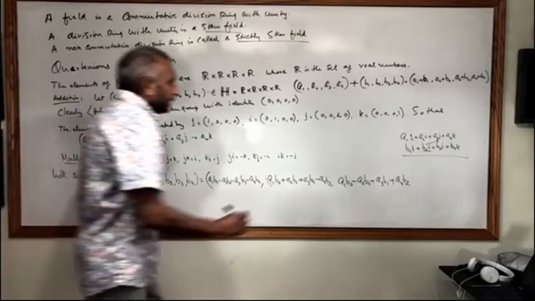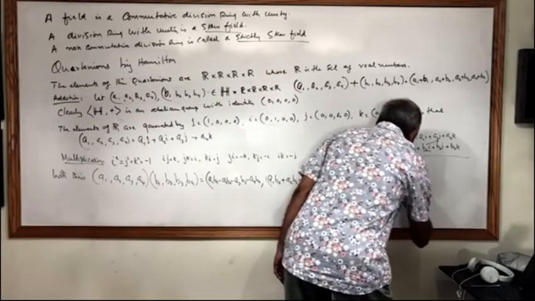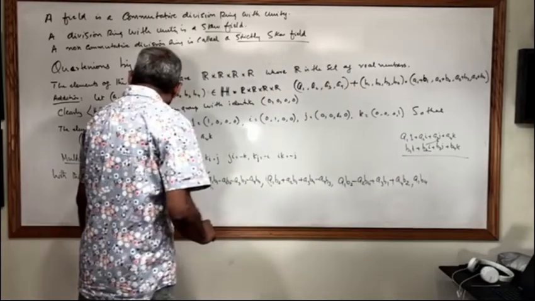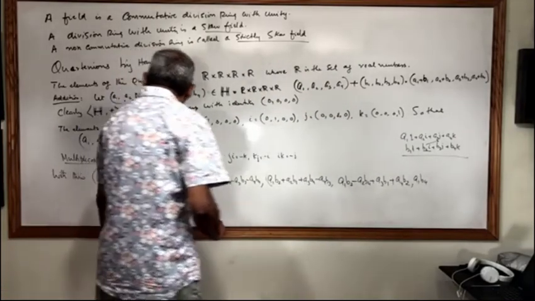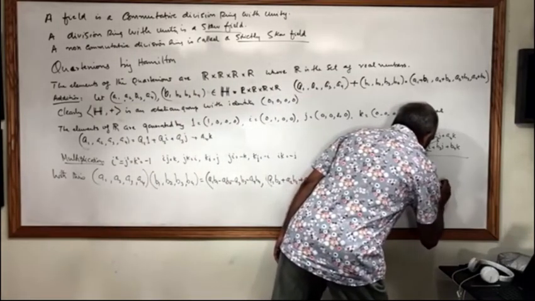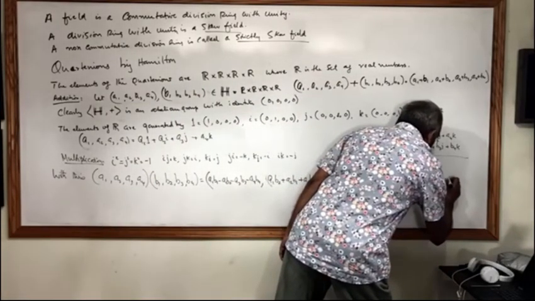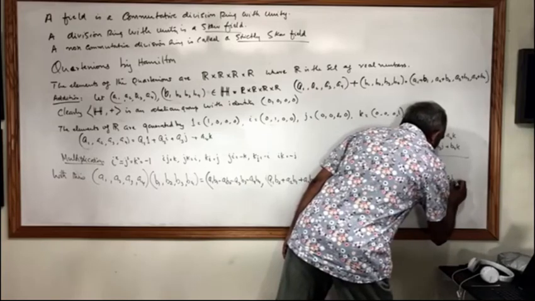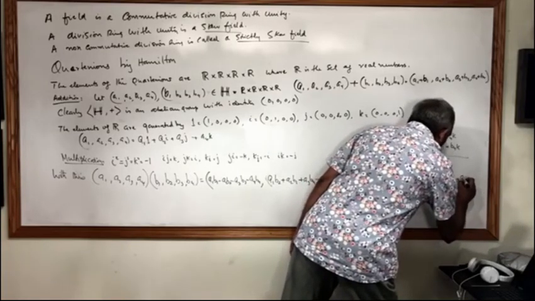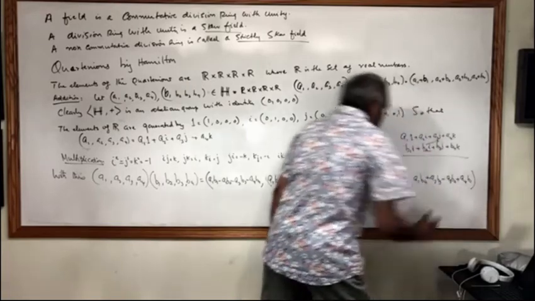And the last term is a1 b4 plus a2 b3 minus a3 b2 plus a4 b1.